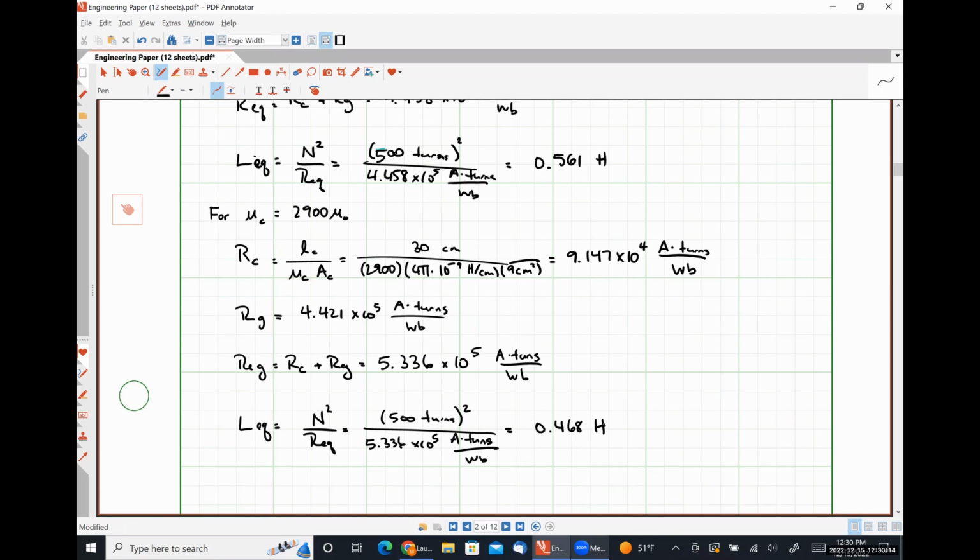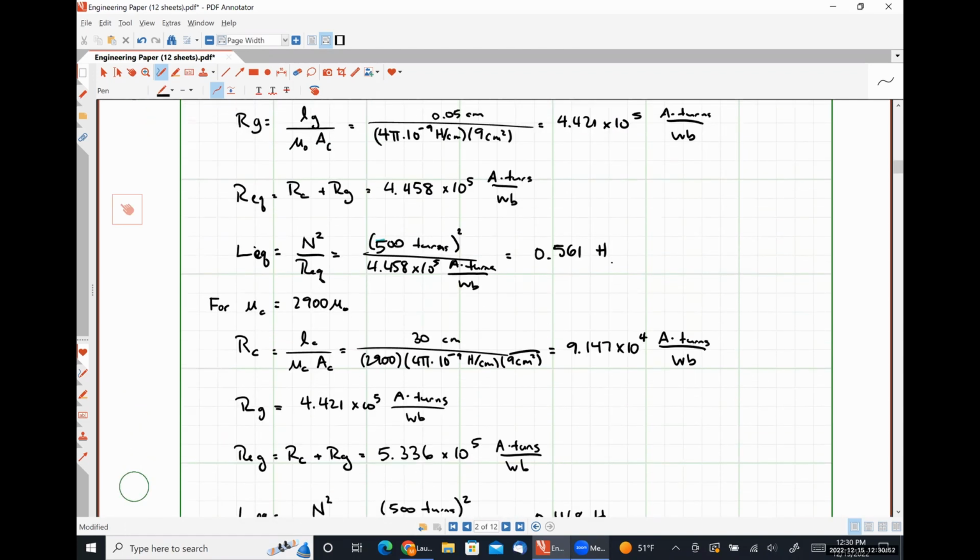So what did we observe here? Our permeability was changed by a huge amount because we were at a different part of our magnetizing curve, right? At our first calculation, we had a magnetic flux density of 1 Tesla, and we were in the linear portion of our magnetizing curve, and we had a relative permeability of 72,300, I believe, if I'm remembering the number correctly.